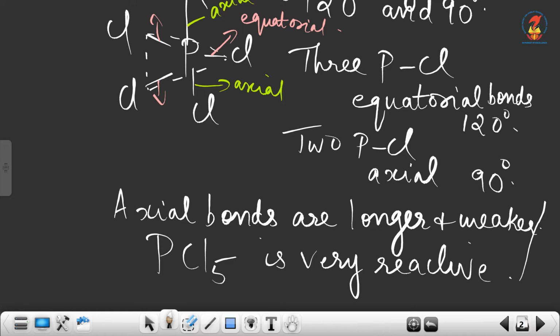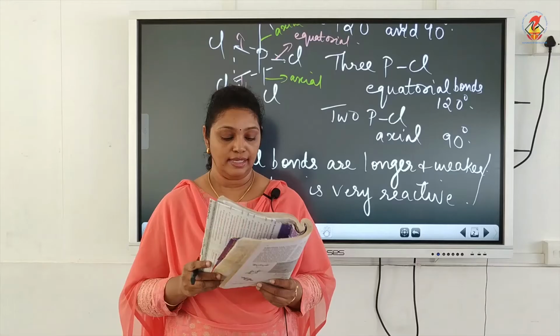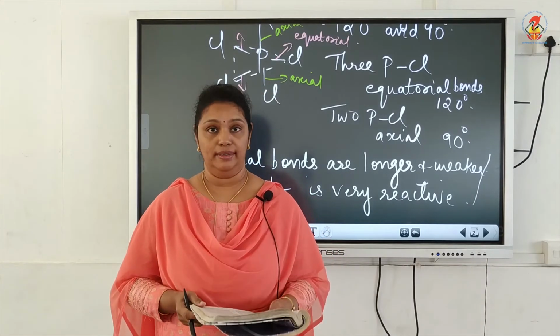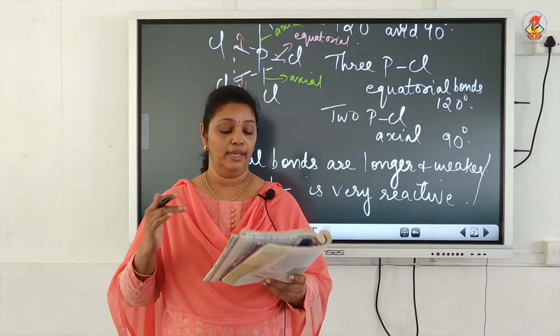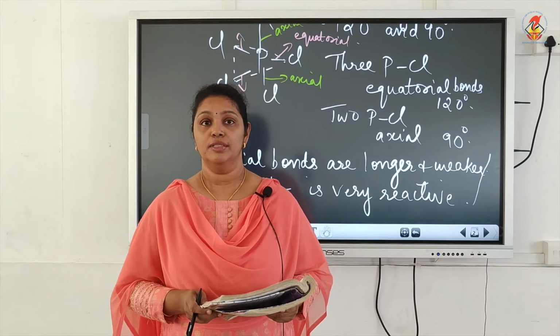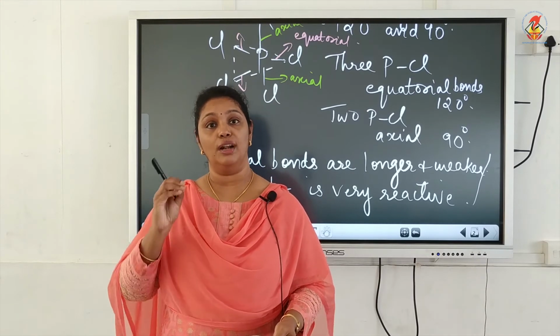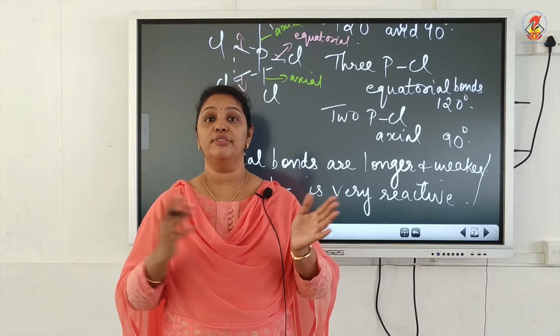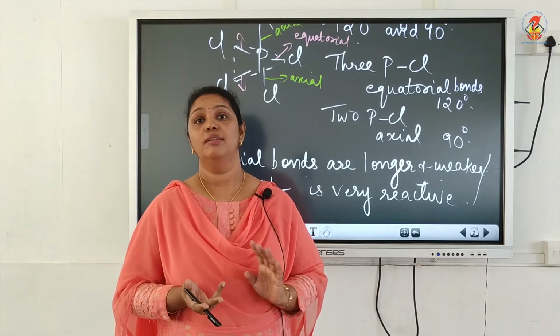Now the answer for both the questions is, we can say that the axial bond pairs suffer more repulsion from equatorial bond pairs. So the axial bonds are longer and weaker. And since these axial bonds suffer more repulsion, what will happen?